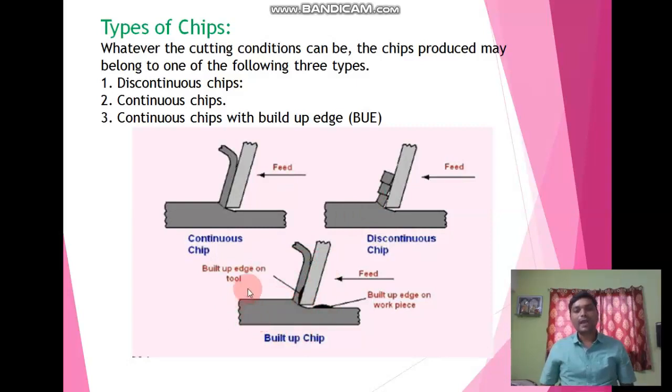When we apply force over the ductile material with the help of the tool, but during machining there is high pressure and temperature, then continuous chips with built-up edge form. Here we have the built-up edge over the tool as well as over the workpiece material. So this is about the types of chips.